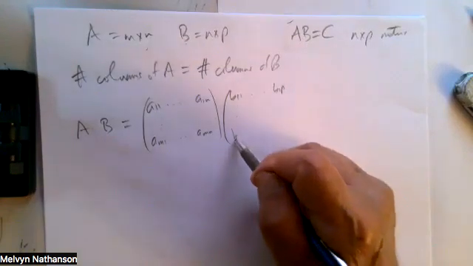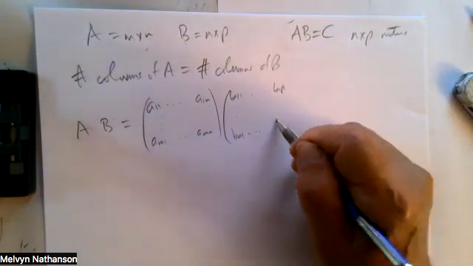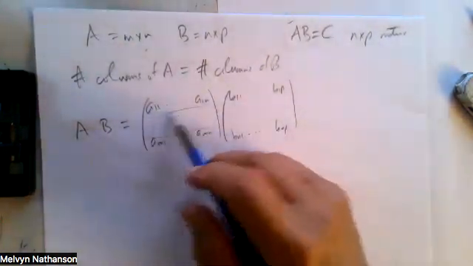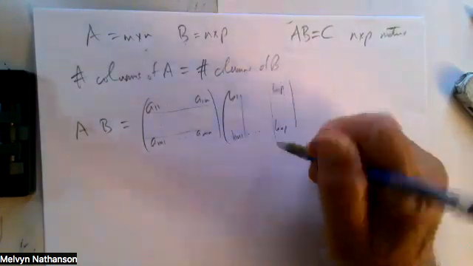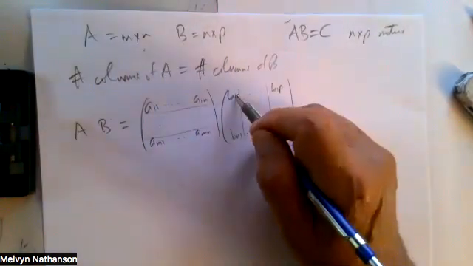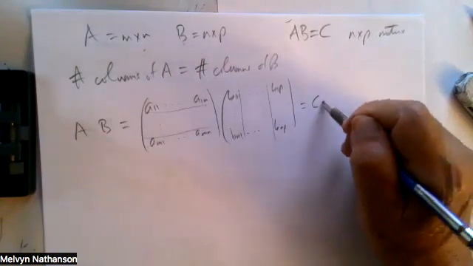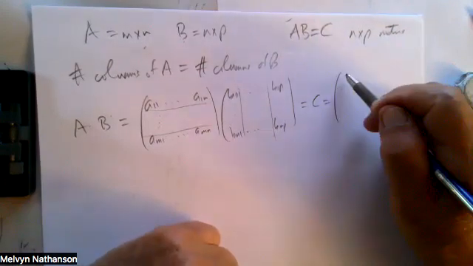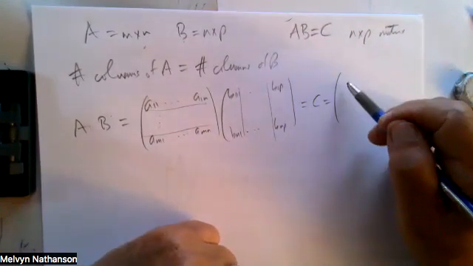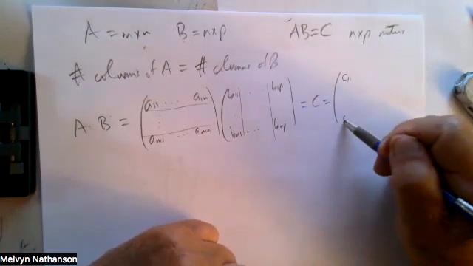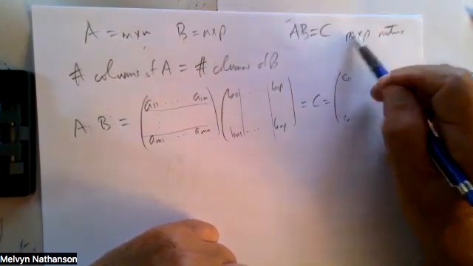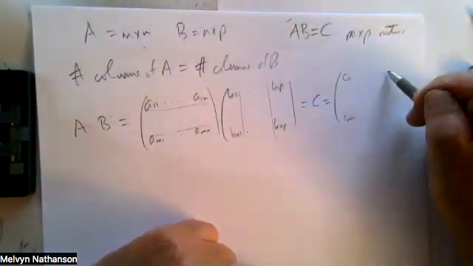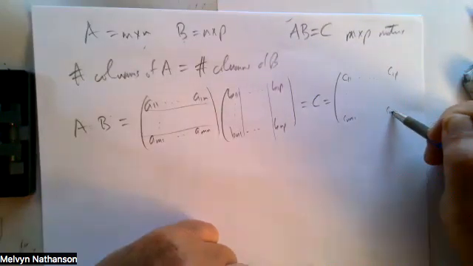So as you go down, the last row will be the nth row, Bn1 up to Bnp. So here in each of these rows, we have n numbers, and in each of these columns, we have n numbers. And the product will be this matrix C, which will be an m by p matrix. So this will have m rows, C11 down to Cm1, and p columns, up to C1p down to Cmp.